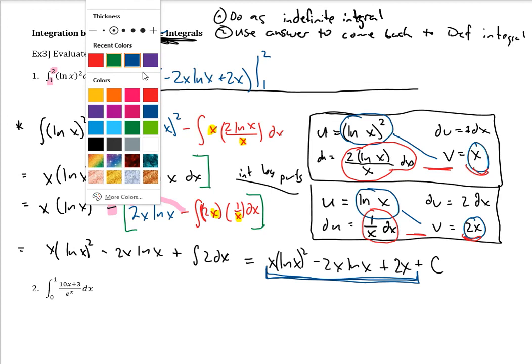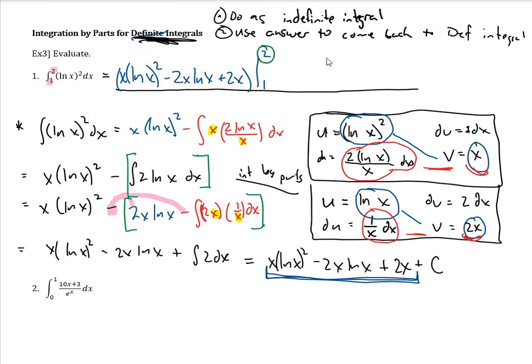Let's do the top one in green. So this becomes 2 ln of 2 squared minus 2 times 2 ln of 2, and then plus 2 times 2.